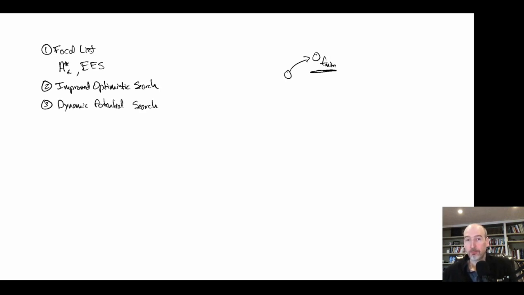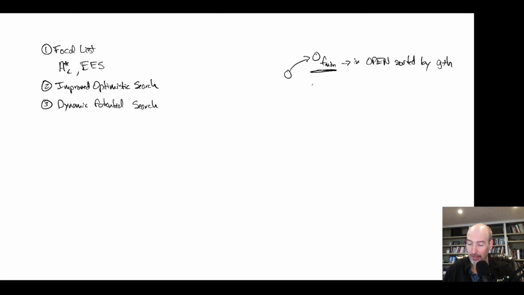Particularly, when we see this node on the path, the node with minimum F cost, its F cost is giving us a bound on the actual solution quality. So if I know the F min in an open list sorted by G plus H, so no W on here, which is basically what happens in an A star search, then I know that this F cost is a bound on the optimal solution.